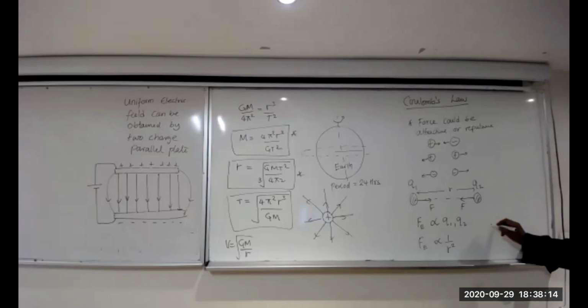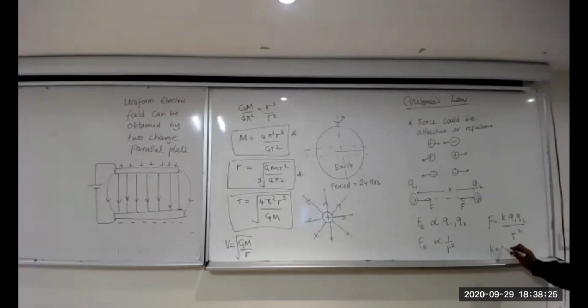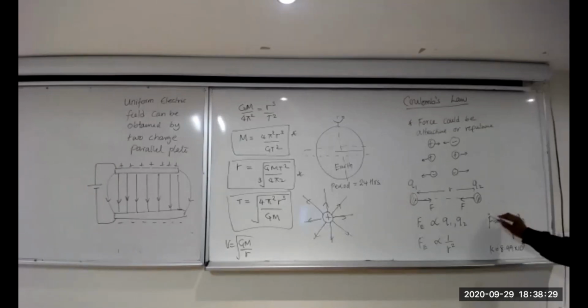When you combine these two together, you get Coulomb's law: F equals k Q1 Q2 over r squared, the k value. You guys know that.